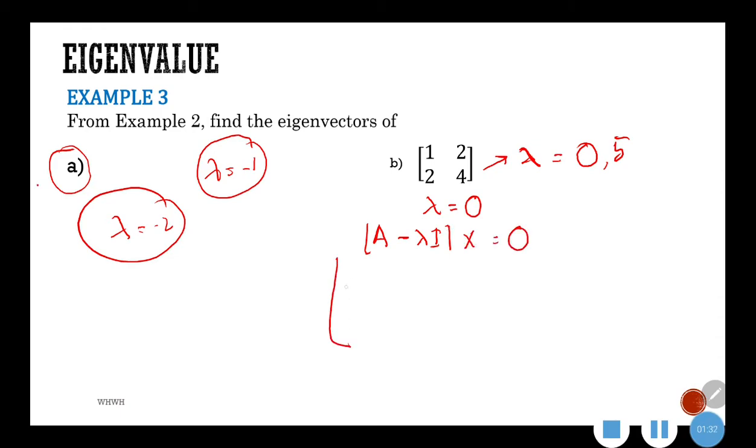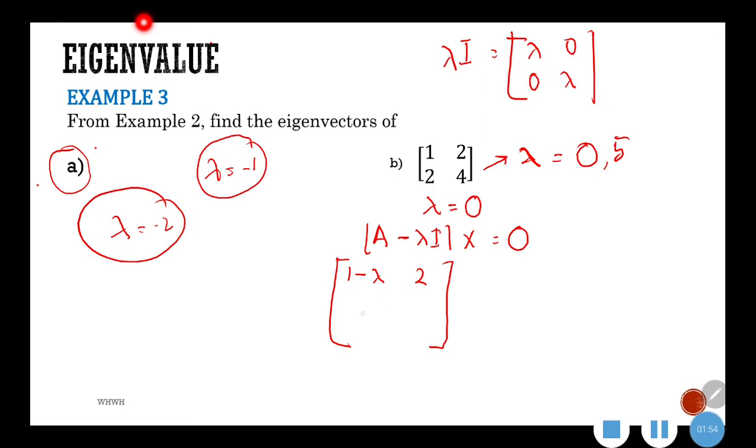So now I want to go straightforward. Our A is 1, so 1 minus lambda, 2 minus 0, because lambda I will give to you: lambda, 0, 0, lambda.